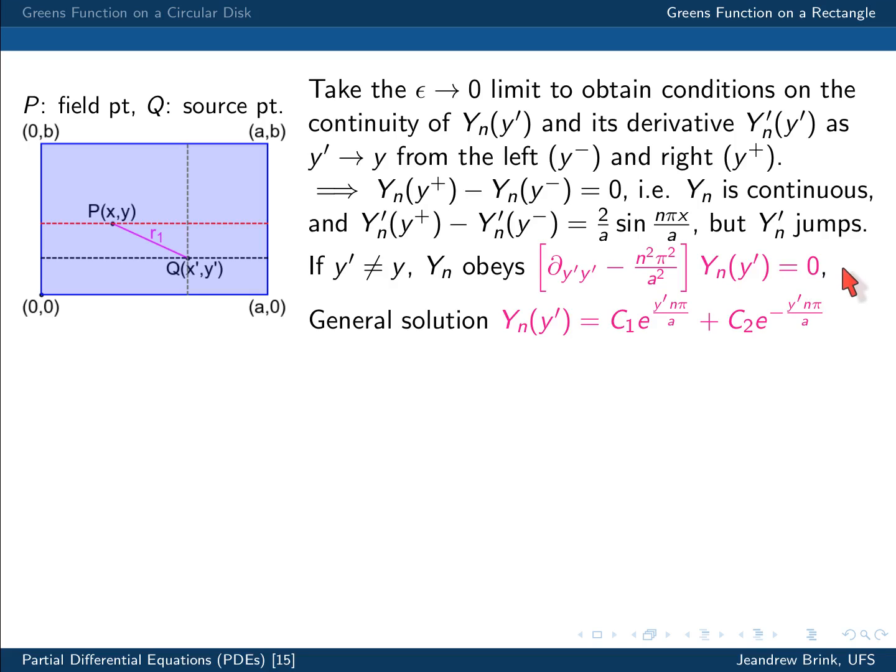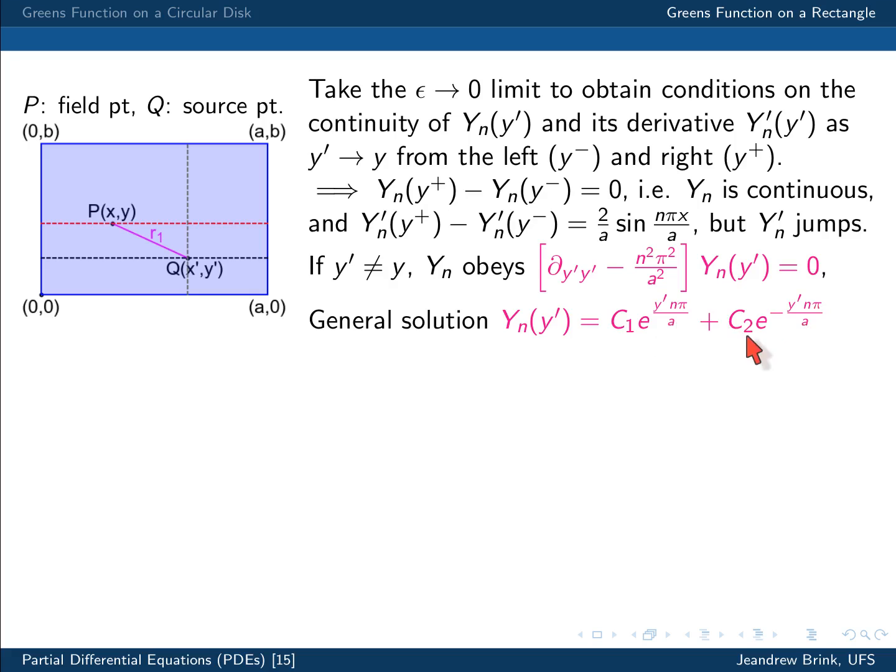And when it obeys this differential equation, you can write down the general solution for yn of y prime. The general solution of a second order ODE is simply two independent functions, in this case e to the alpha y prime, where alpha is equal to n pi over a, and e to the minus alpha y prime, where alpha is equal to n pi over a, are the two independent solutions.